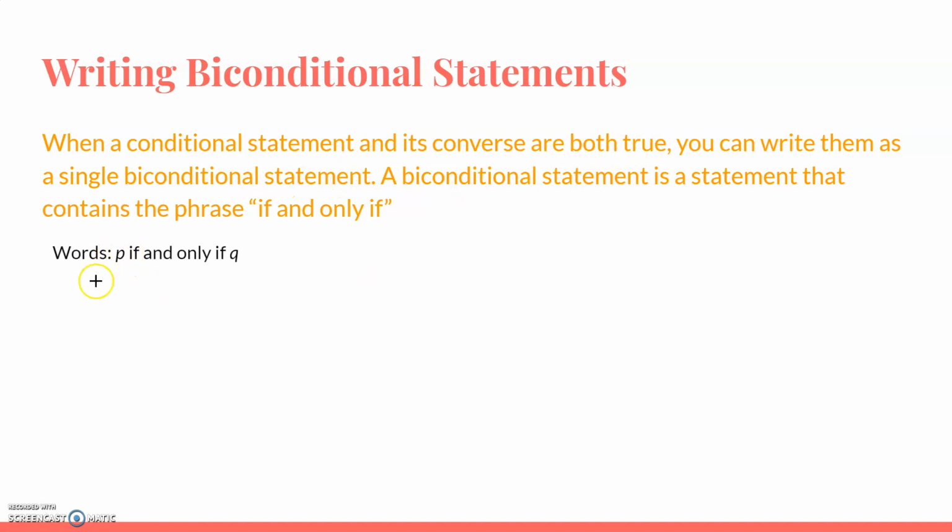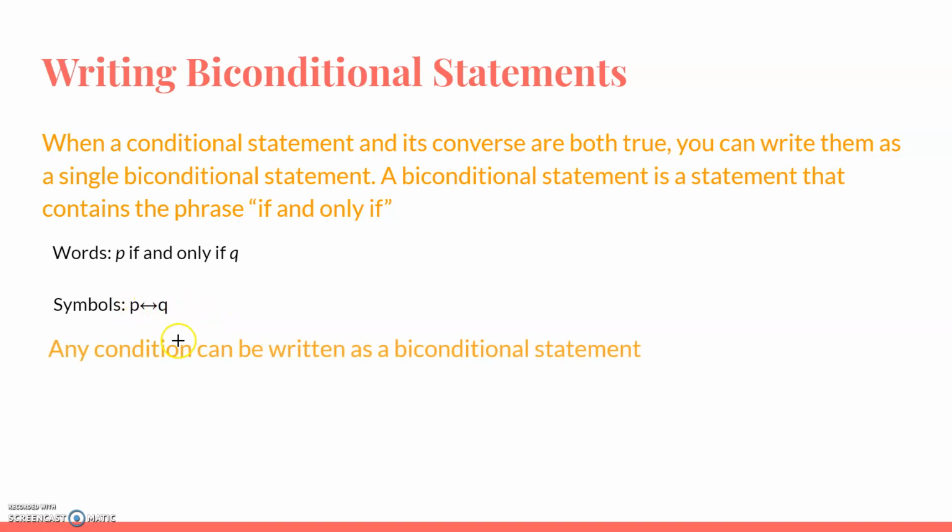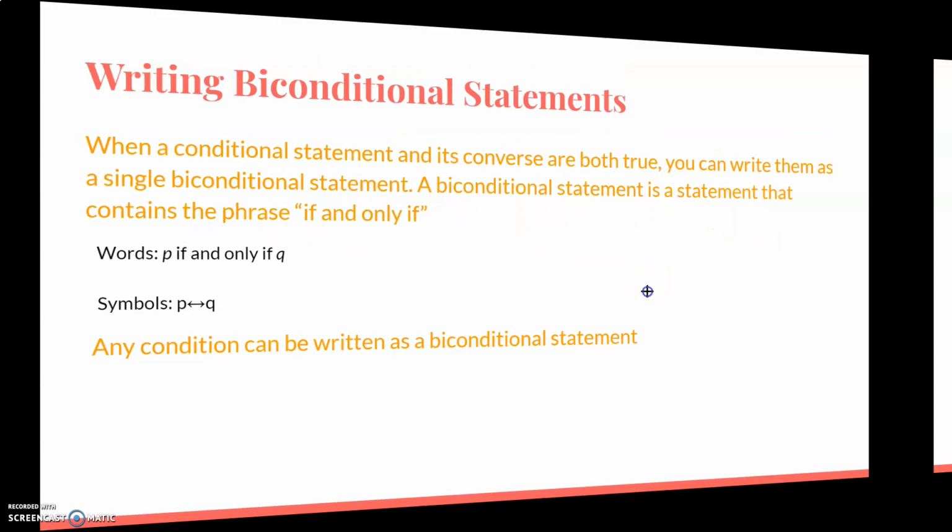In words it'll be P, hypothesis, if and only if, Q, conclusion. In symbols it'll be P, a double arrow with a line in the middle, Q. And then finally, any definition can be written as a biconditional statement. Take good notes of this definition as you're going to be using it in the next slide.